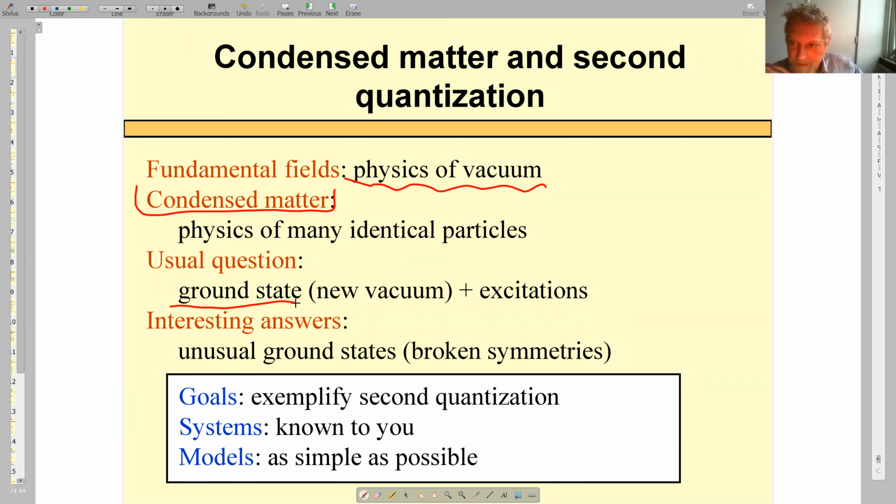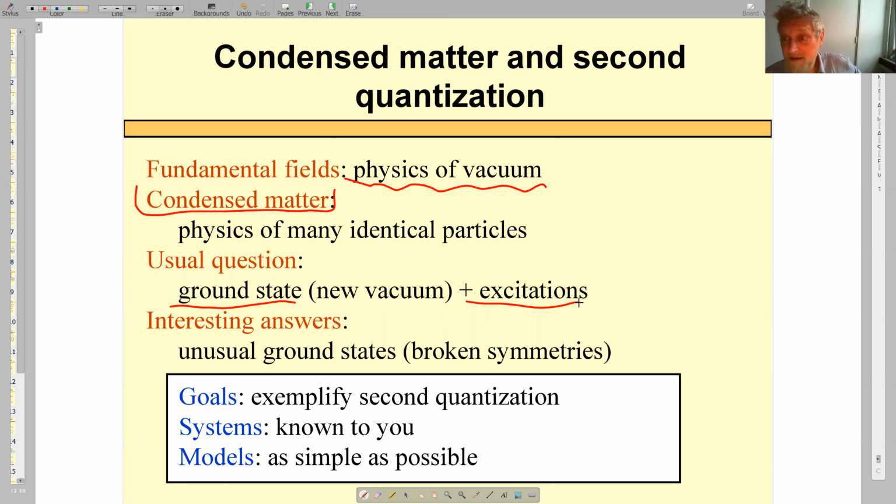And that, if you wish, is a new vacuum. So if we accept this point of view, any new material which we create, produce, study, is a universe in its own, right? Properties of this vacuum can vary. Excitations on the background of this vacuum can vary, giving rise to a spectrum of different physical properties.